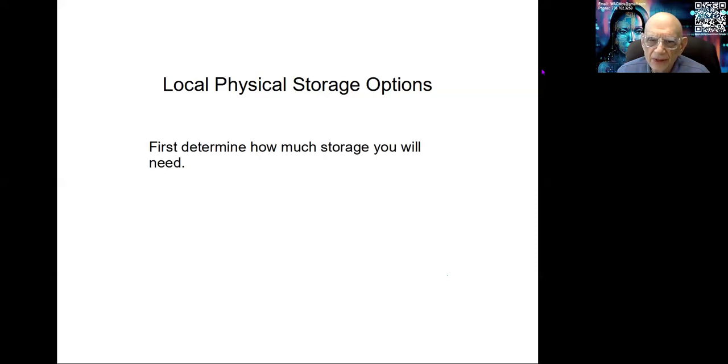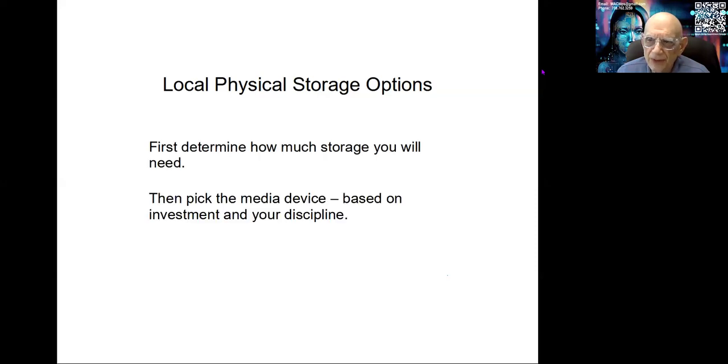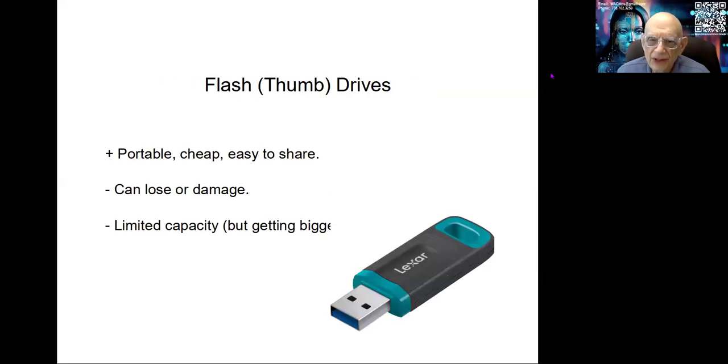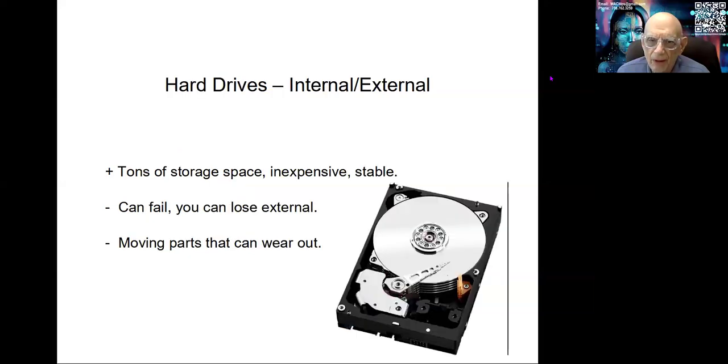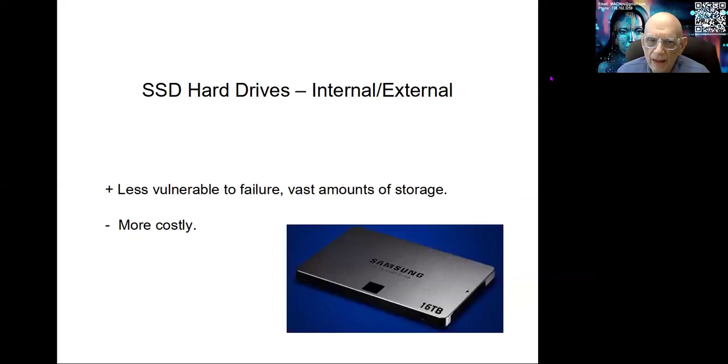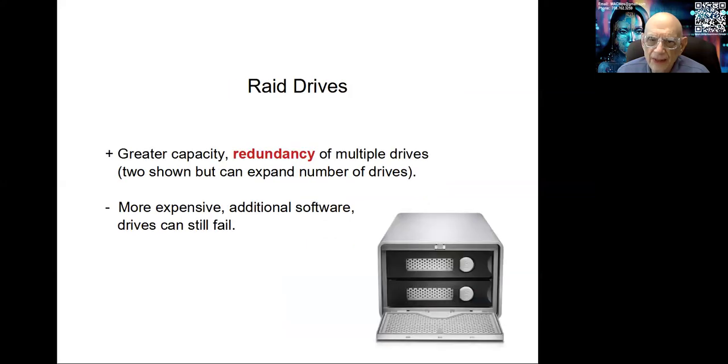Physical storage options are a couple of things that you should consider. Determine how much storage you need is one of them, but there are flash drives, there are hard drives, there are what we call SSD, solid state drives, at this day and age.